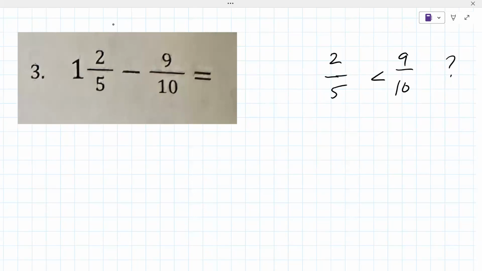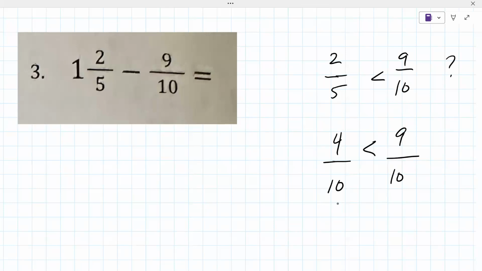Do you remember how to determine if two fractions are smaller? You could turn them into a percentage or a decimal, but they're already both fractions. So I would just recommend making them both have the same bottoms. So if you go from 5 to 10, tell me what number goes in the numerator here. 4. So is this true? Yeah, because the 9/10 is larger.